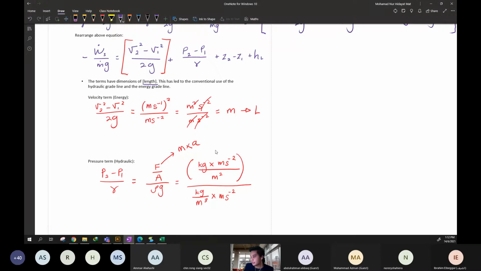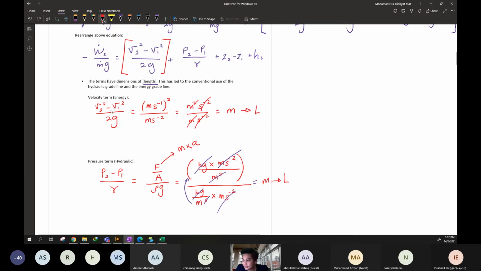So try to cancel out meter second^-2, kilogram, this one becomes, and then we move to outside, becomes meter. So we notice it is in terms of length, right?